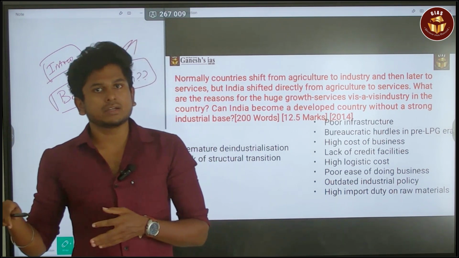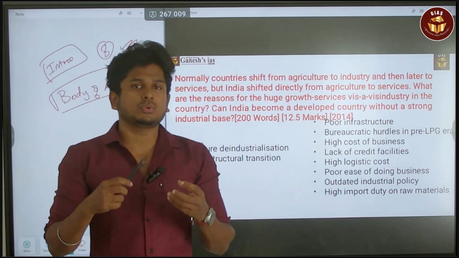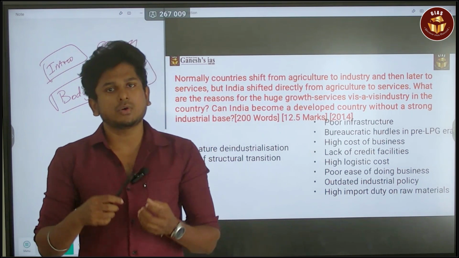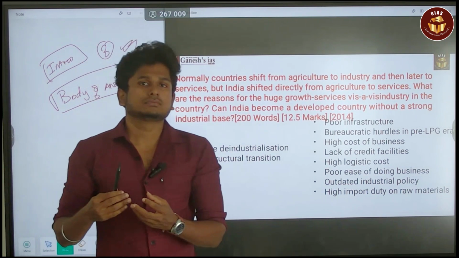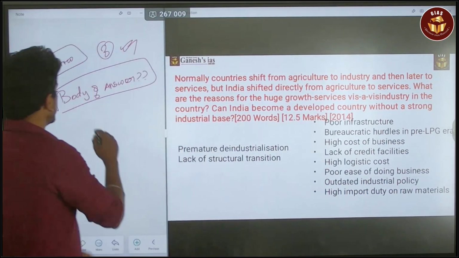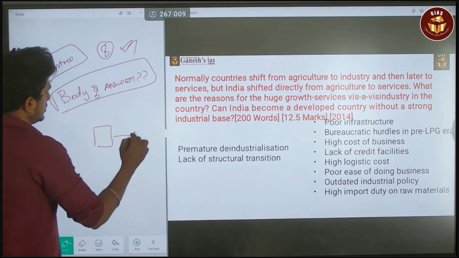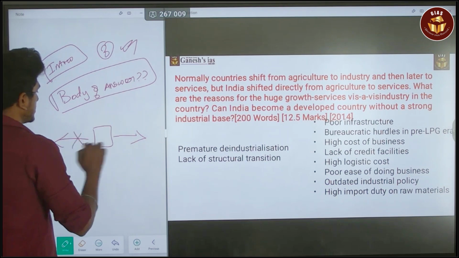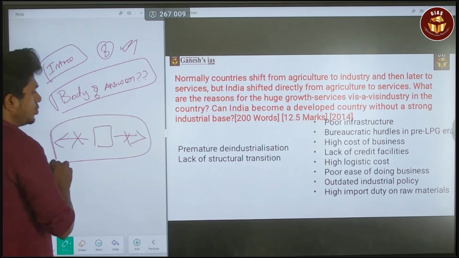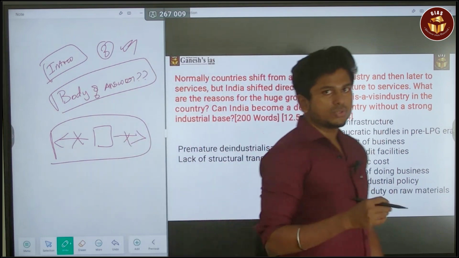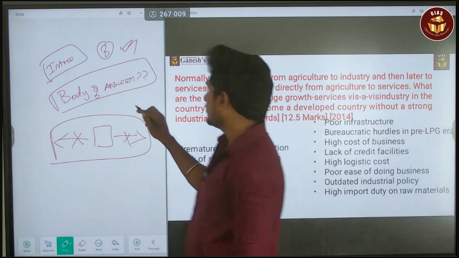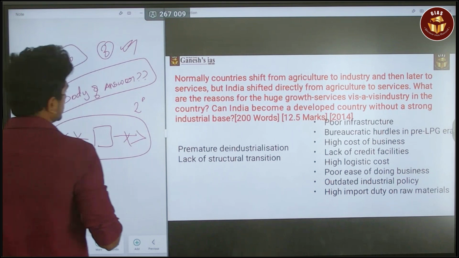If it is not connected, how is it going to produce the goods and how is it going to deal with the consumer? So the connection is lacking, poor infrastructure. That is the major issue that led to the fall of the secondary sector.